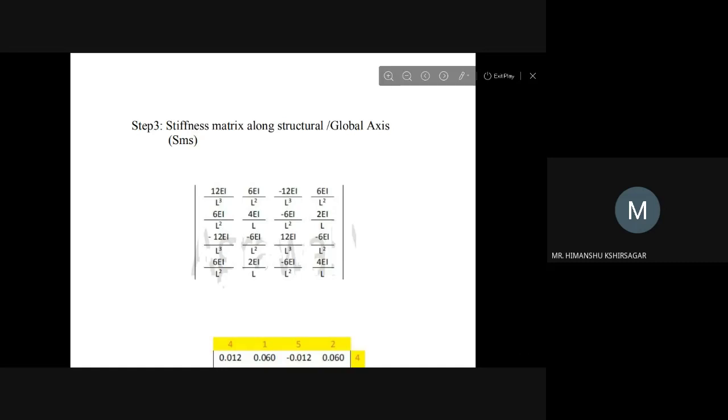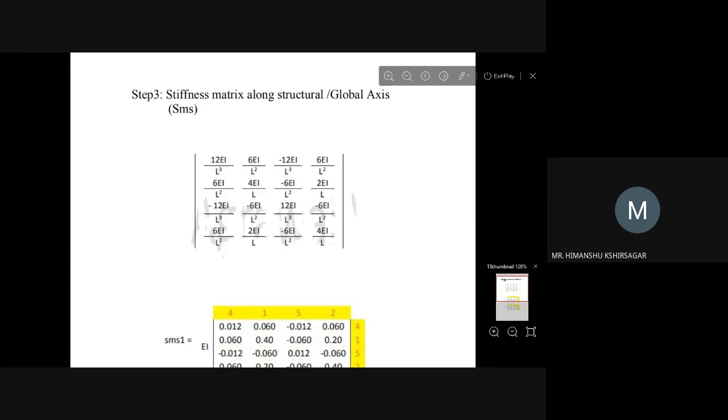Step number 3: here you can see that you have to assemble the stiffness matrix along the structural or global axis, the SMS matrix. Here SM is equal to SMS, because your member axis and the global axis for a beam are the same.